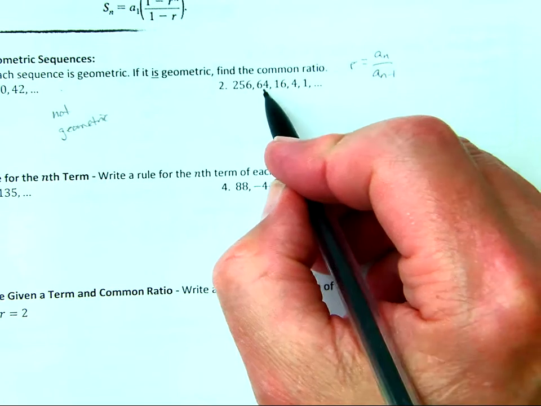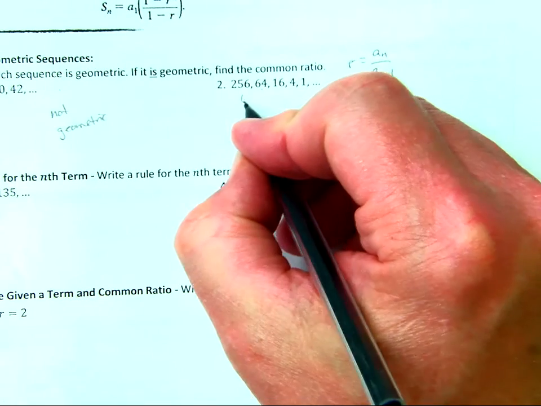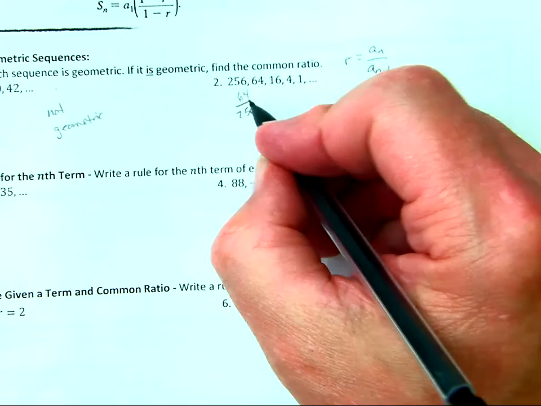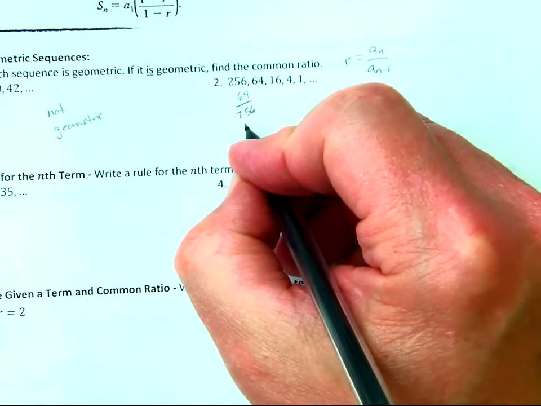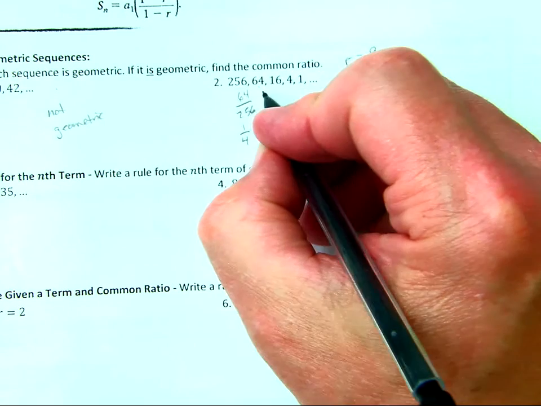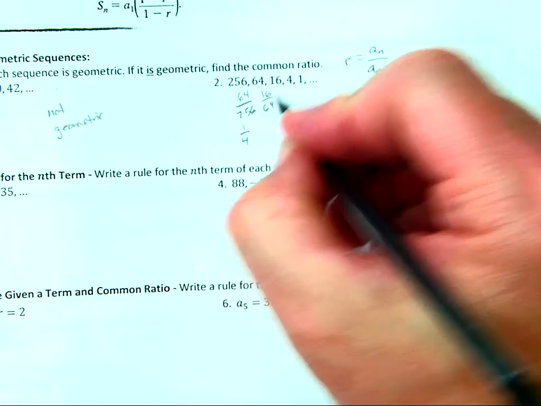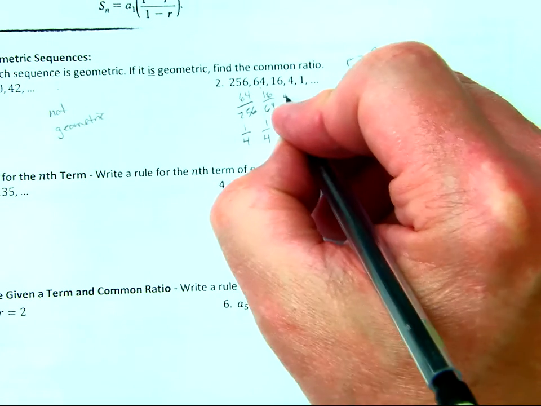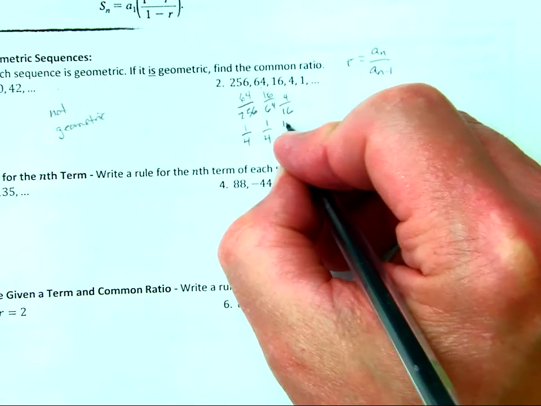This one, if we check this one, we're going to take 64 divided by 256. Well, let's see, 64 goes into 256 4 times, so that's the same as 1/4. If we take 16 divided by 64, 16 goes into 64 4 times, 1/4. 4 divided by 16, 1/4.